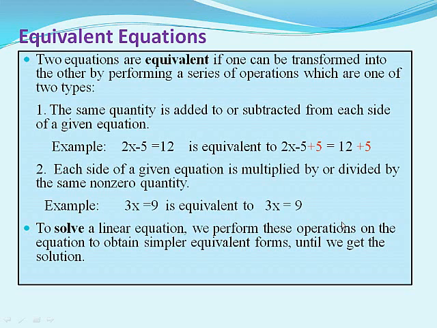Each side of a given equation is multiplied by or divided by the same non-zero quantity. Example, 3x equal to 9 is equivalent to 3x over 3 equal to 9 over 3. To solve a linear equation, we perform these operations on the equation to obtain simpler equivalent forms until we get the solution.